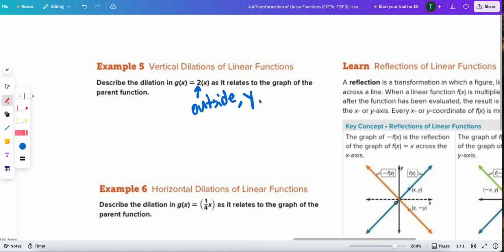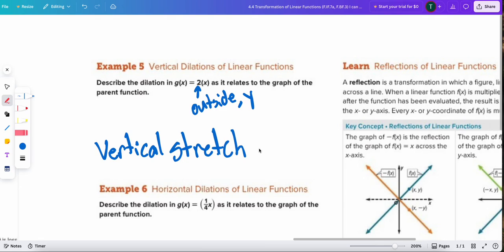Well, my y is the vertical. So I know it's going to be a vertical stretch or shrink. When it affects the y, you do exactly as it says. So if I'm multiplying by 2, I'm making something bigger. So in this case, I would be stretching it. So this would be a vertical stretch by 2.